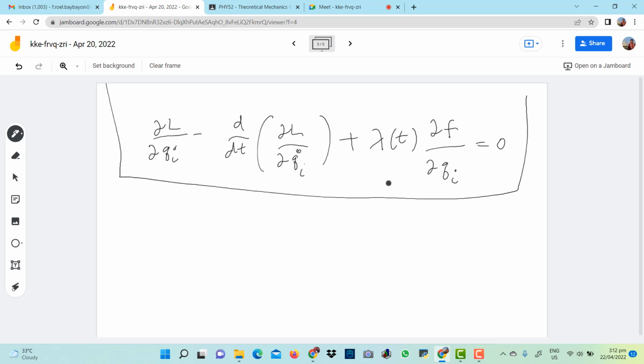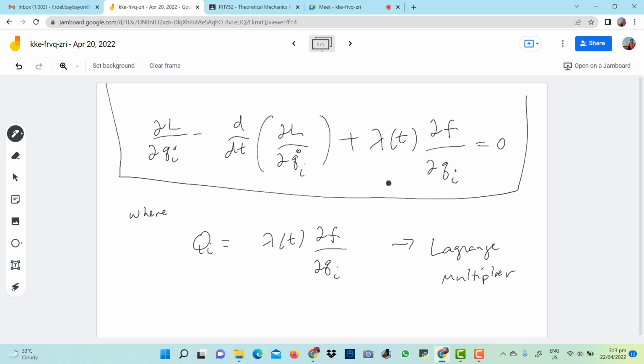What we added is the third term, which we call the Lagrange multiplier, lambda t partial of f. Take note, f is the equation of constraints. Okay, we call this the Lagrange multiplier.